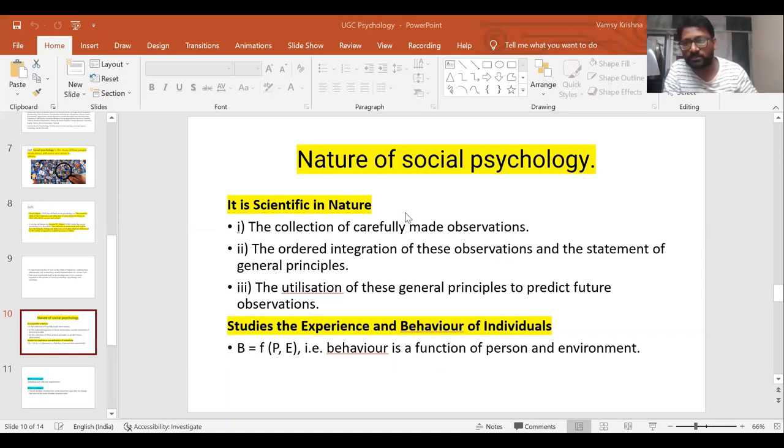Coming to the nature, when we talk about how we're going to deal with social psychology, it is a scientific method. So social psychology is scientific in nature. What exactly is scientific in nature? In science, it's an experimental way. It needs collection of carefully made observations, and the social psychology approach deals with a different range of topics.